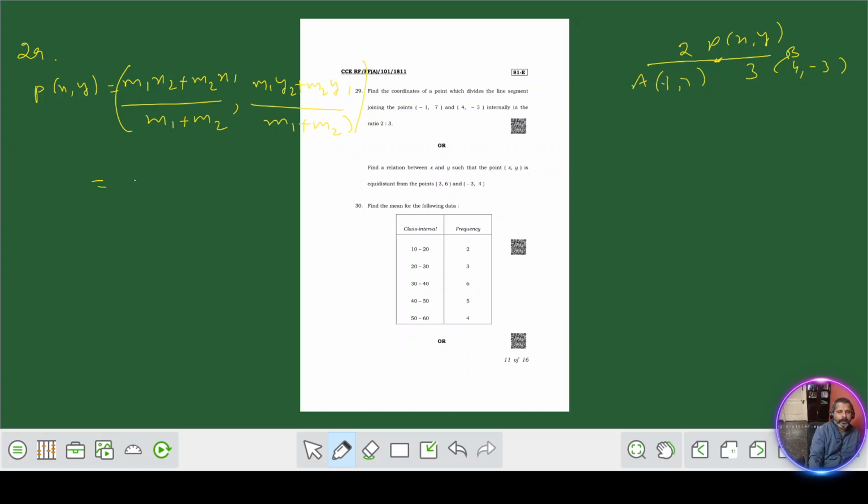Okay, what is m1? Here ratio m1 is to m2 is 2:3. These are x1, y1. This is x2, y2.